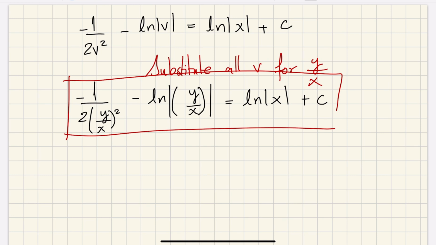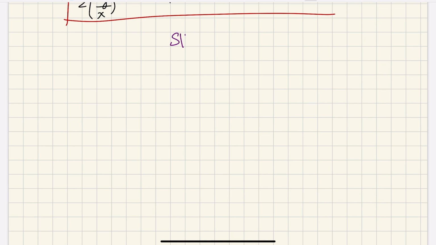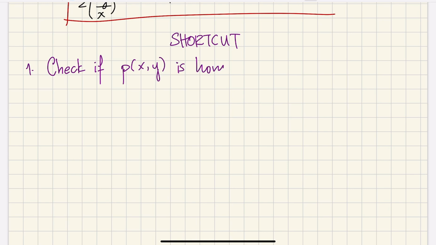So I hope that made sense. Now I'm going to give you guys a shortcut to solving homogeneous differential equations. You check if p of x and y is homogeneous.